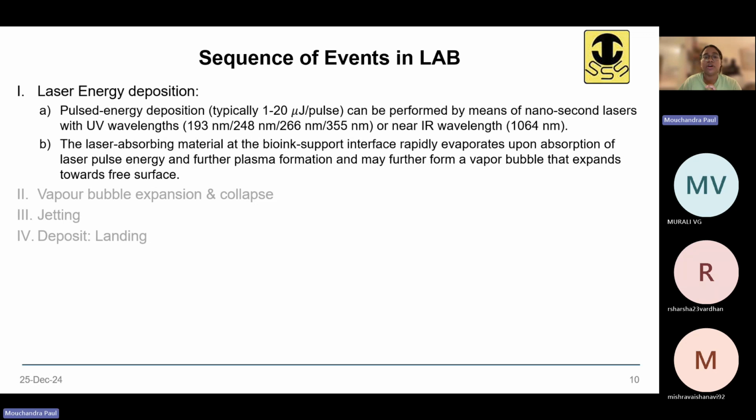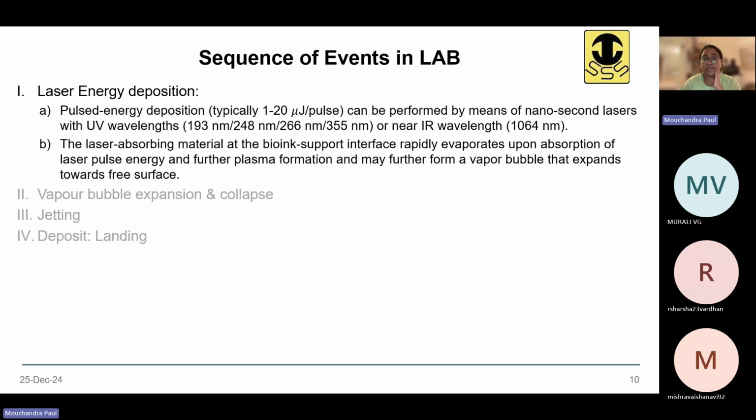Because of which a plasma gets formed, and that gets further manifested into a vapor bubble that basically expands towards the free surface, meaning towards the bioink layer. The bioink layer is the free surface for the laser absorbing interlayer.